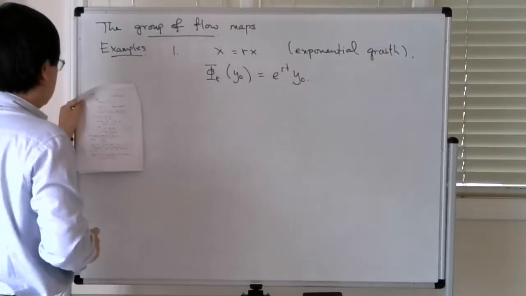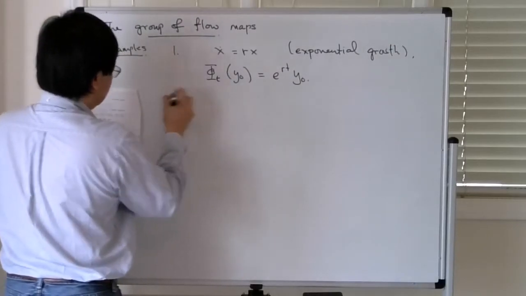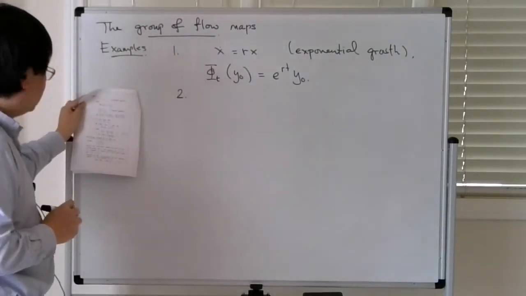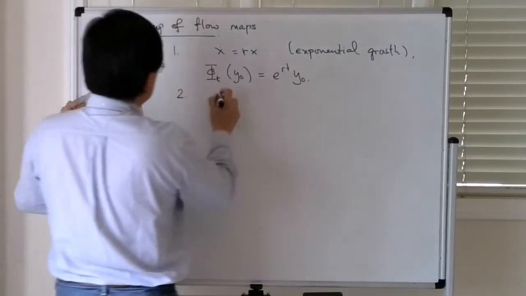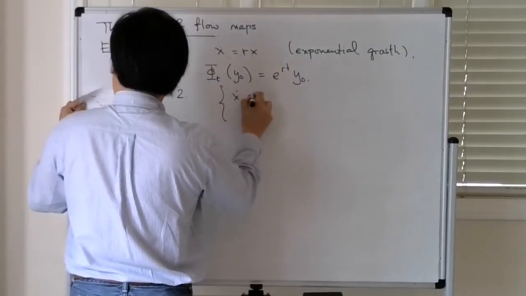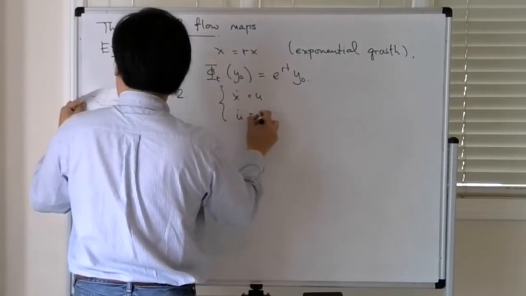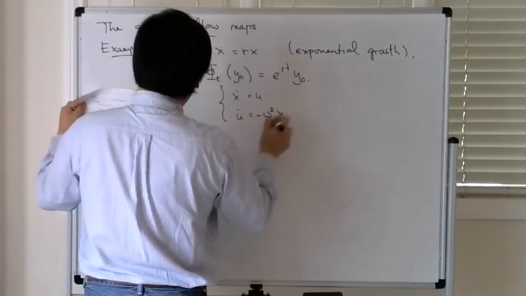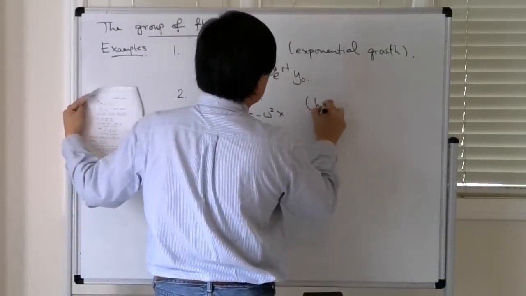Okay. And the second example is what happens if you have the harmonic oscillator. So x dot is equal to u, then u dot is equal to minus omega squared x. All right, so this is the harmonic oscillator.